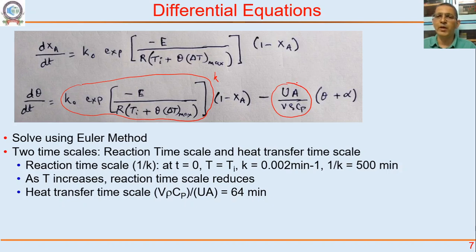This is our heat removal time scale. So 1 by K is a reaction time scale, and V rho Cp by UA, that is our heat removal time scale, the time constant for heat removal.